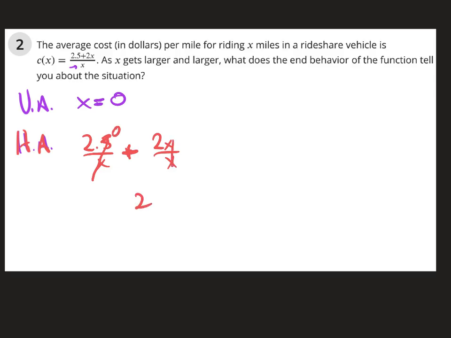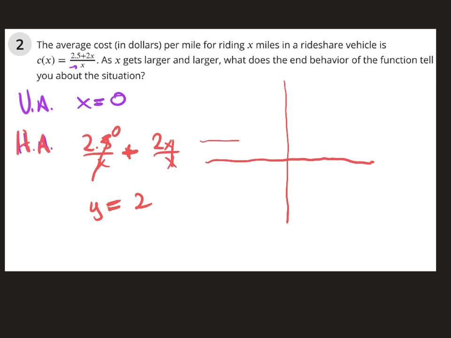So your horizontal asymptote occurs when y equals 2. And we have to remember, on graphs, when x equals a constant, you get a vertical line. When y equals a constant, you get a horizontal line.